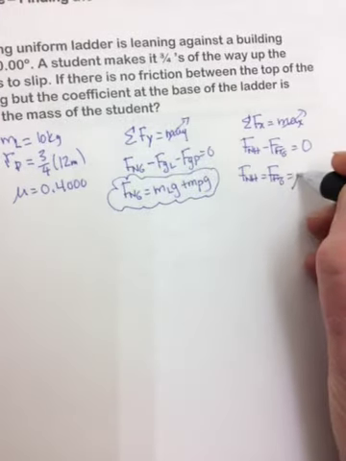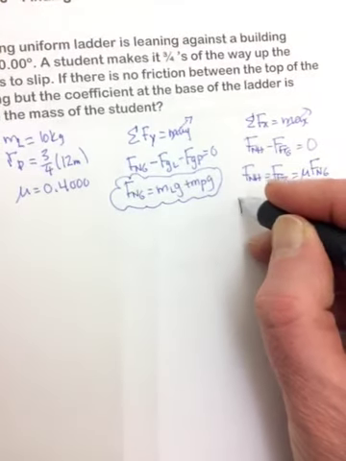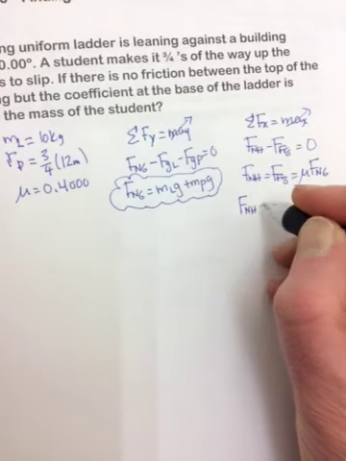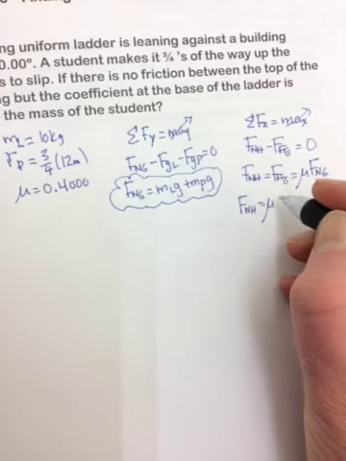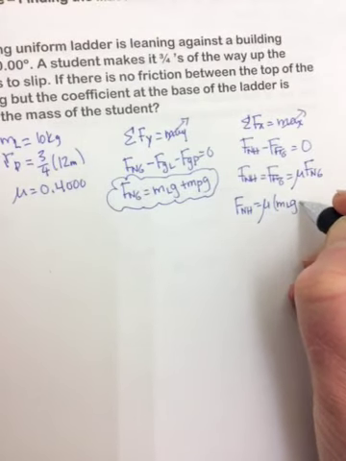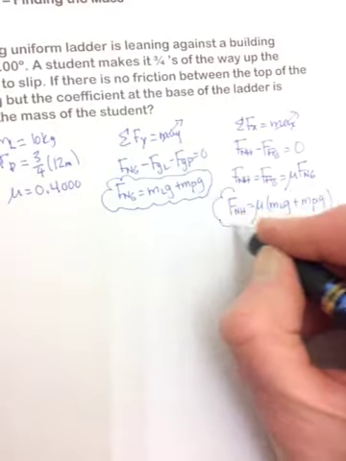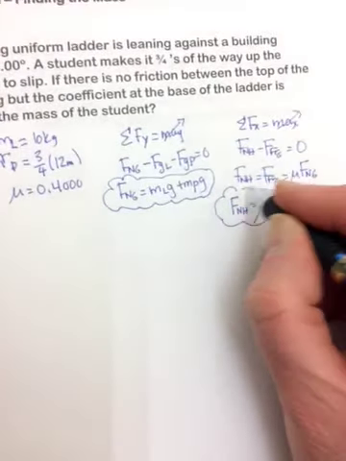But we know the friction of the ground is equal to mu F normal of the ground. So that means F normal of the house is equal to mu brackets, and this is the normal of the ground, m of the ladder G plus m of the person G. And we can't find it because we don't have the m of the person.